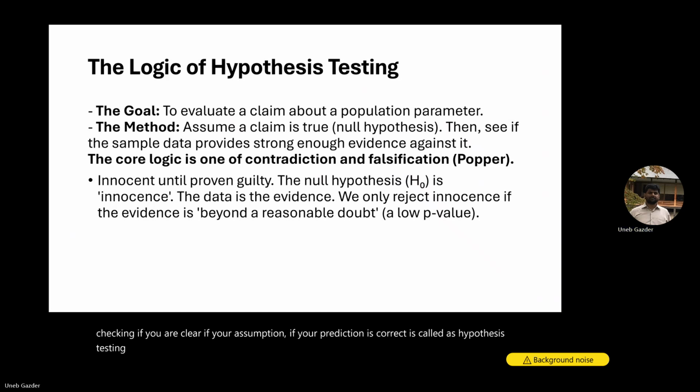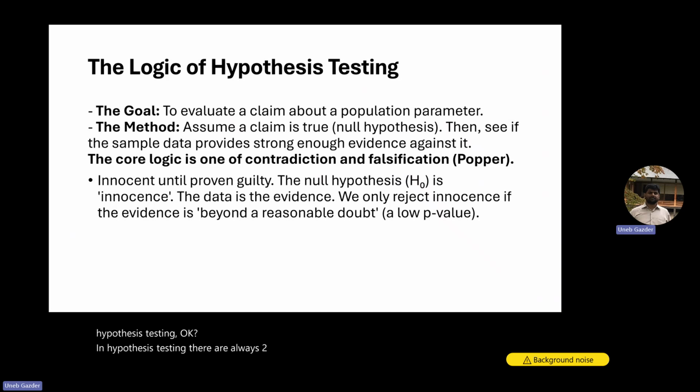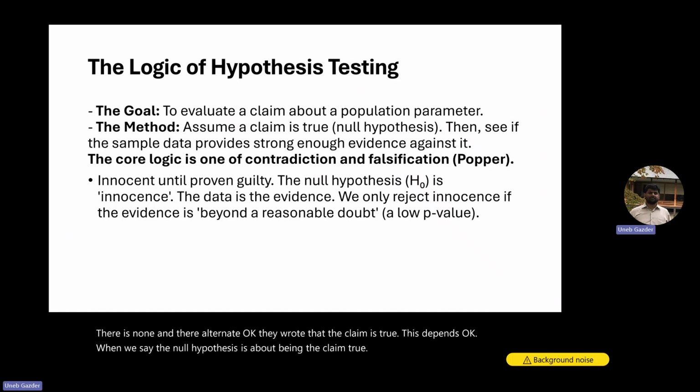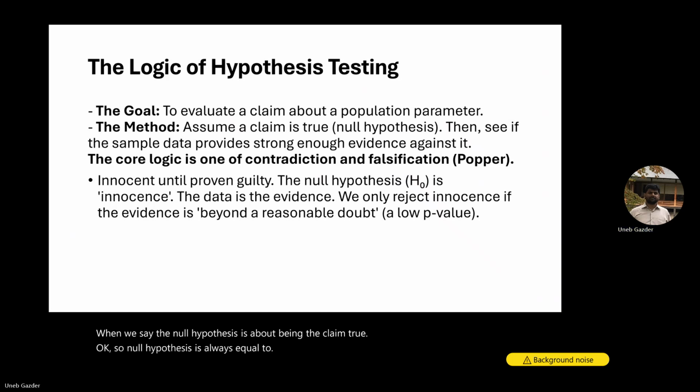In hypothesis testing, there are always two claims. There are always two hypotheses. One is called the null hypothesis, and the other one is called the alternate hypothesis. There is null and there is alternate. This depends on cases. When we say the null hypothesis, it is about the claim being true. So the null hypothesis is always with the equal to.